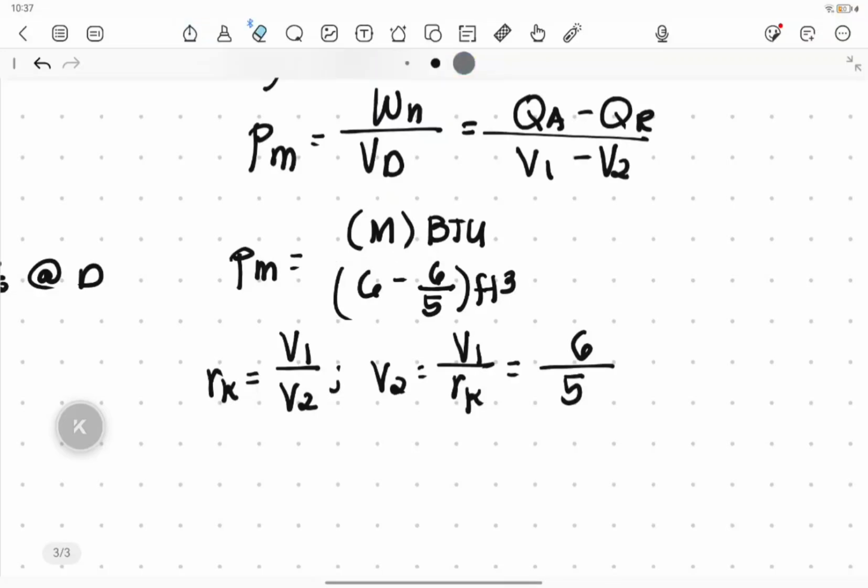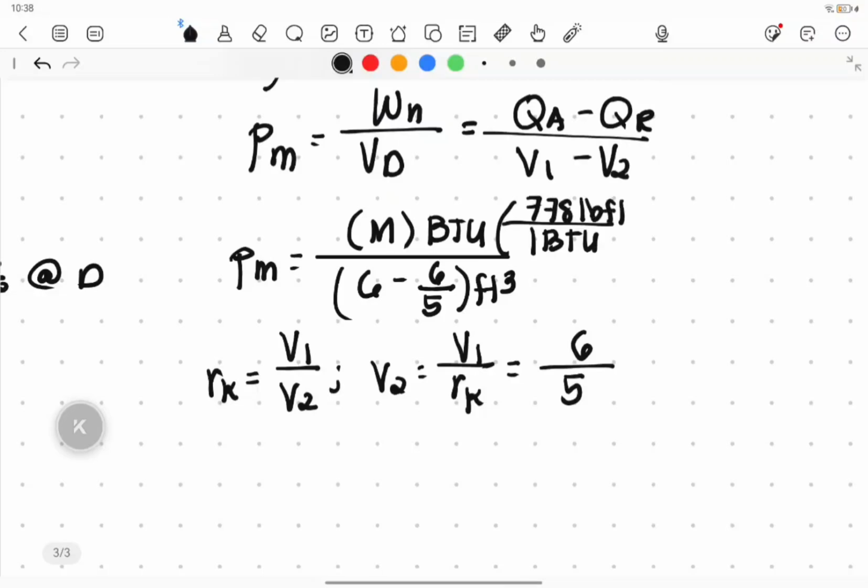So to fix this unit, we have to do some conversion. We know that in 1 BTU, we have 778 pound-feet. So we can cancel this BTU, we can cancel this 1 pound, so we only have feet exponent, and then we have to use 144 inch squared over feet squared to cancel the remaining feet.